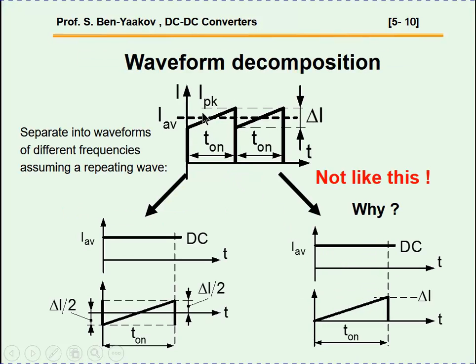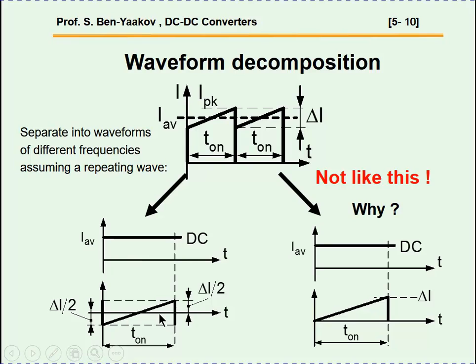Now I'm going to decompose this waveform into a DC part. This is here at the middle of this triangle. This is the DC part. And this is the AC part. These are of different frequencies. This is frequency 0.